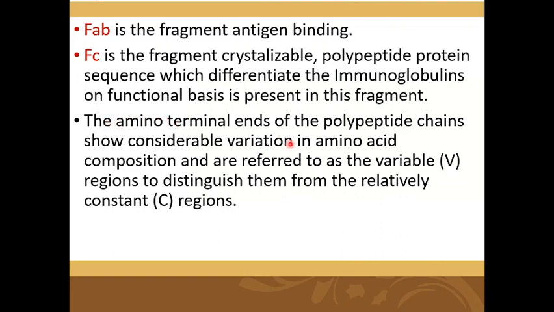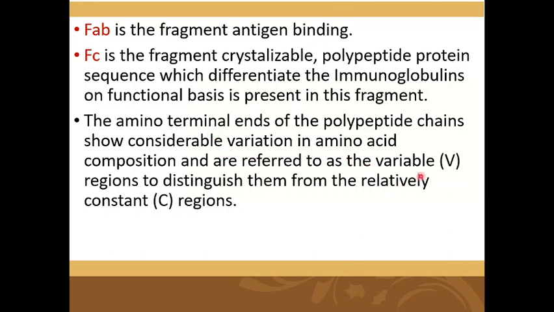The amino terminal ends of the polypeptide chain show considerable variation in the amino acids. Obviously, polypeptide chains differ from each other on the basis of the amino acid composition.